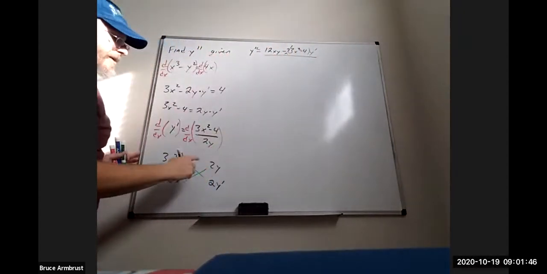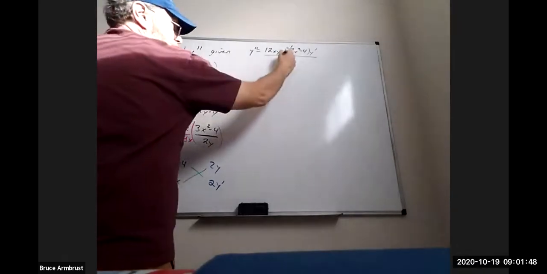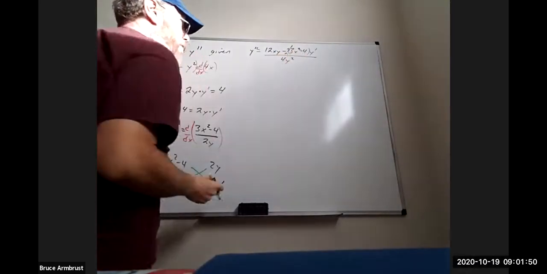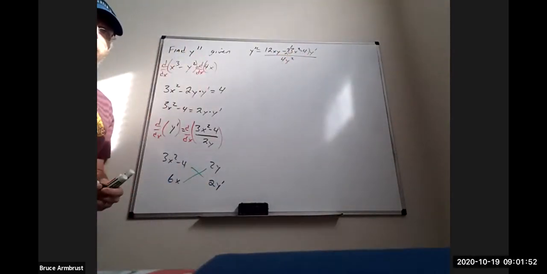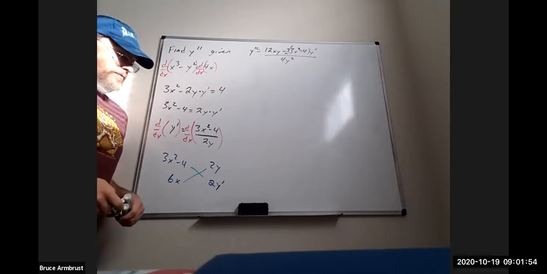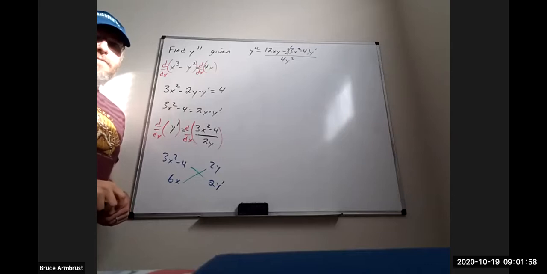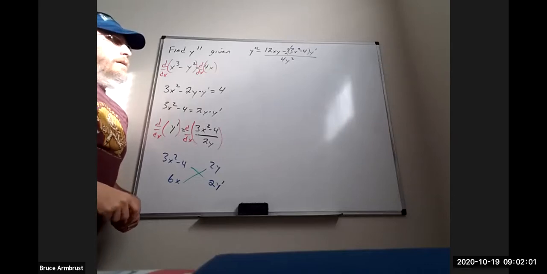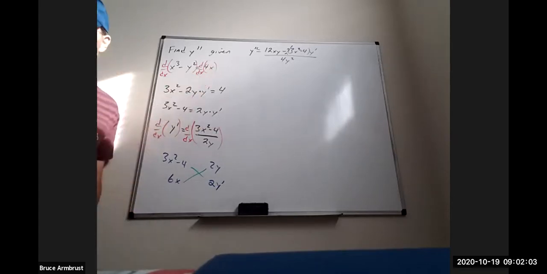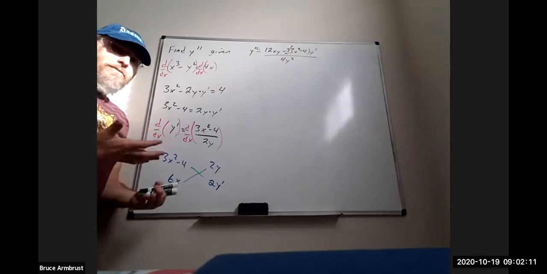And that's all going to be divided by the bottom squared, which is 4y squared. Okay, so there's a quotient rule on that piece. All right, so far so good.